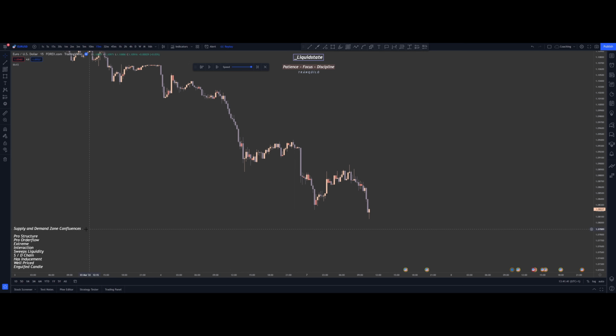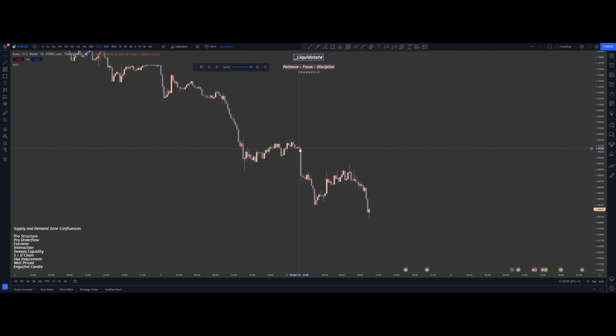Now, there are several confluences which you can look for in a supply-demand zone, which make a good one. They're all on the left here, just for ease of access as we go through this video. I'm not going to be demonstrating any entries or advanced lower time frame stuff right now.